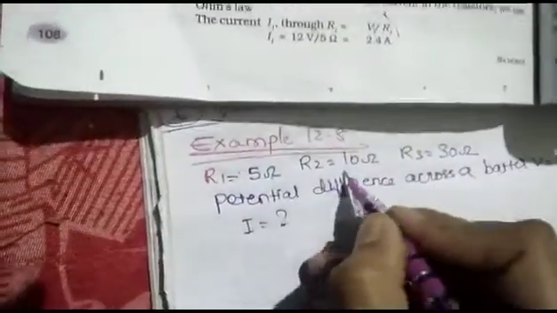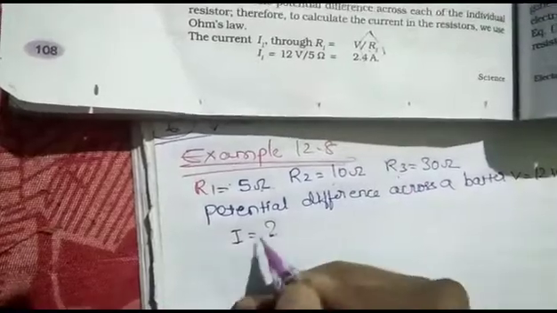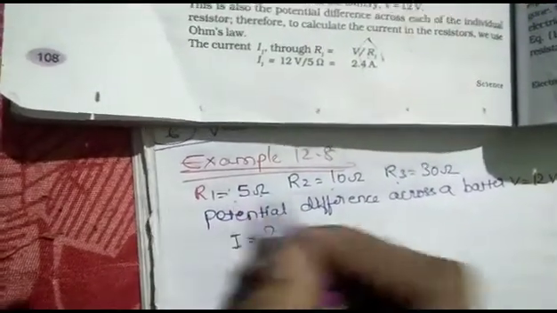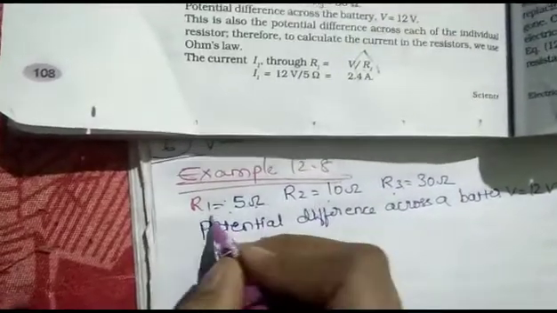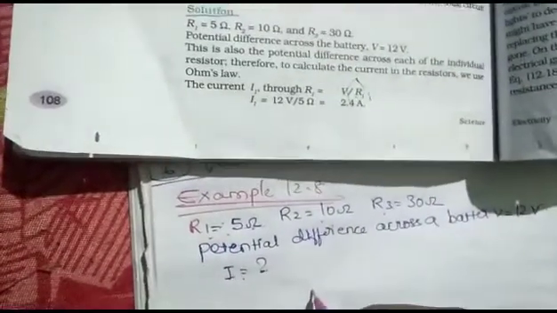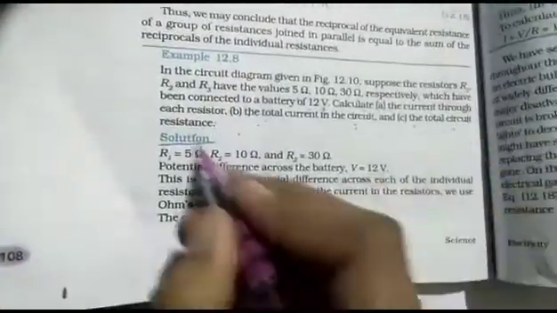So how much current is taken by R1, R2, R3. Next, you have to calculate the total circuit resistance, that is, how much circuit resistance is there. So let us solve this one.